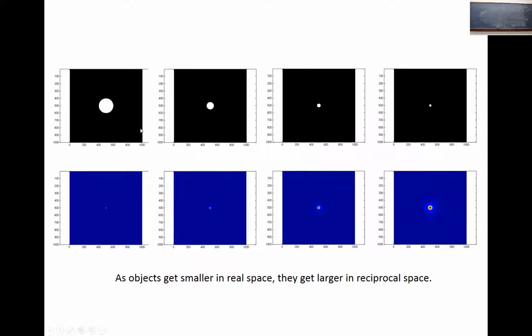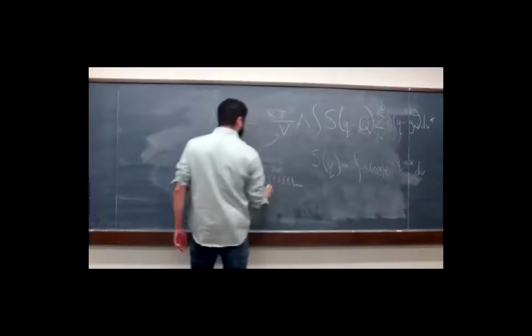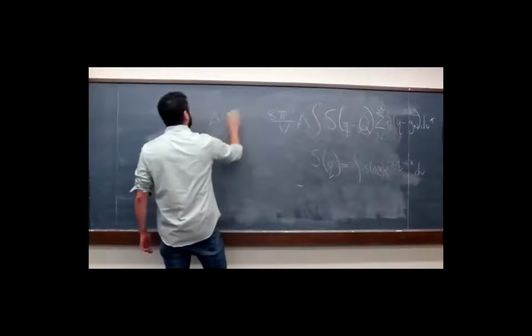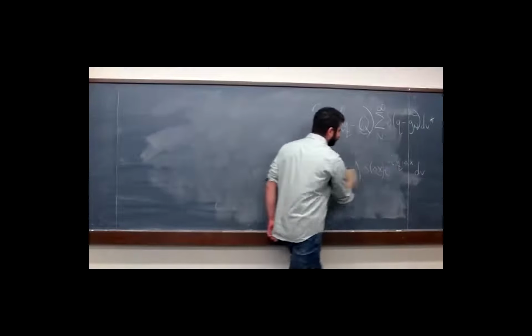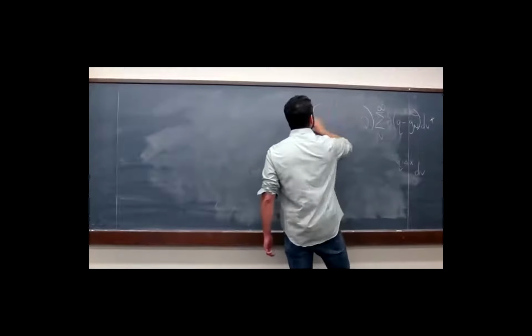And here's an example of what happens as an object gets smaller in real space. We can see that the Fourier transform of the shape function becomes bigger in reciprocal space. Those shapes get tiled onto every single reciprocal lattice point.